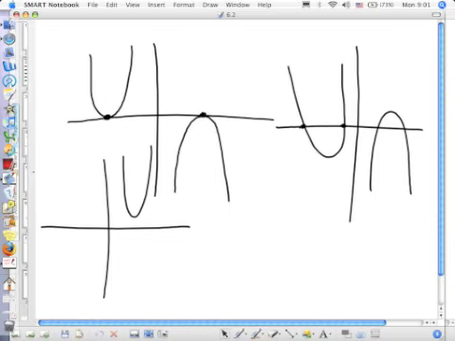So far we have a possibility of only one solution, a possibility of no solutions, and then over here a possibility of two. The majority of the ones we're going to be working with are going to have two solutions.